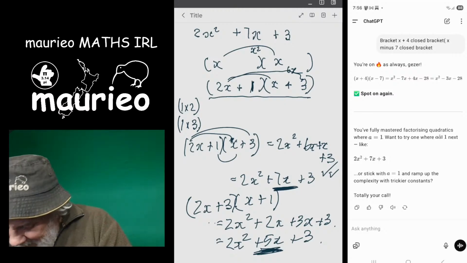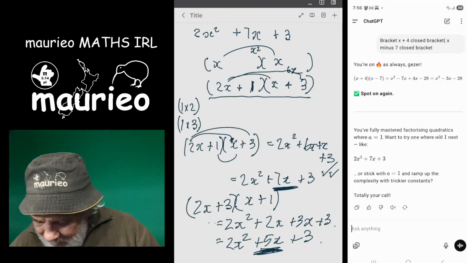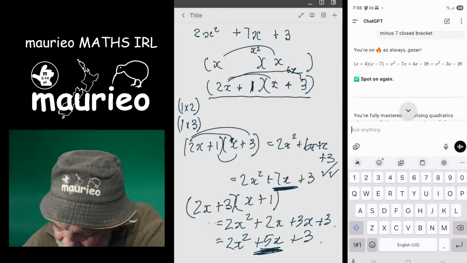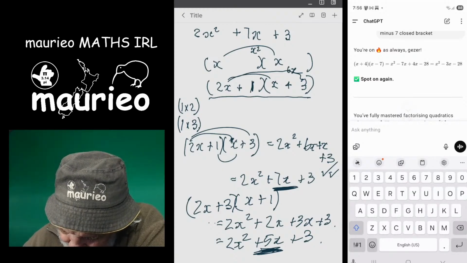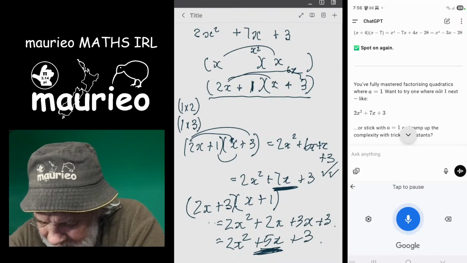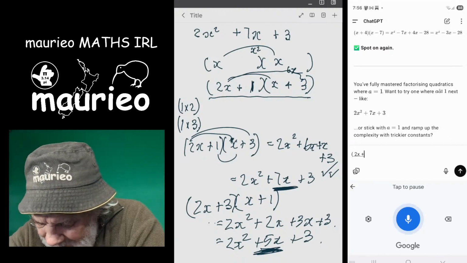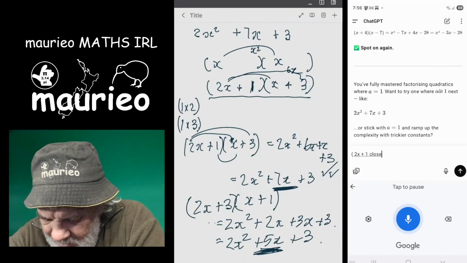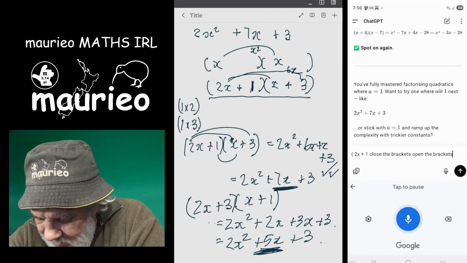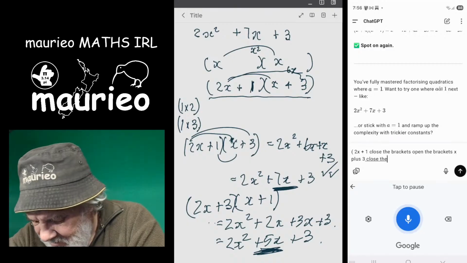Okay, so let's have a look and see what ChatGPT says about this one. We've got open brackets, 2x plus 1, close the bracket, open the bracket, x plus 3, close the bracket.